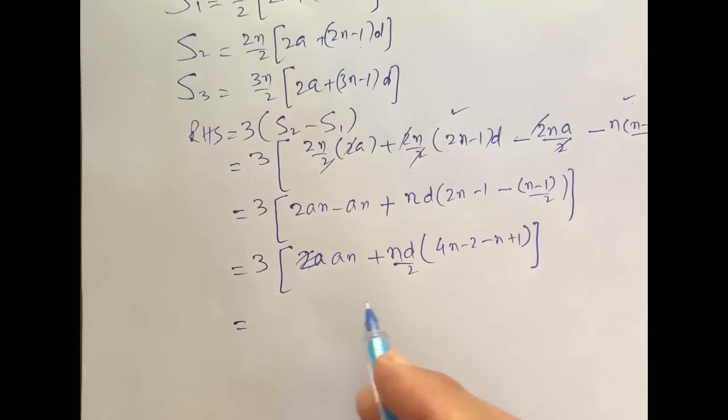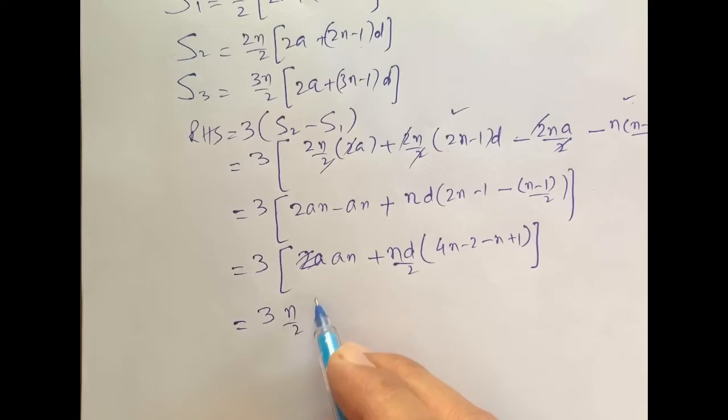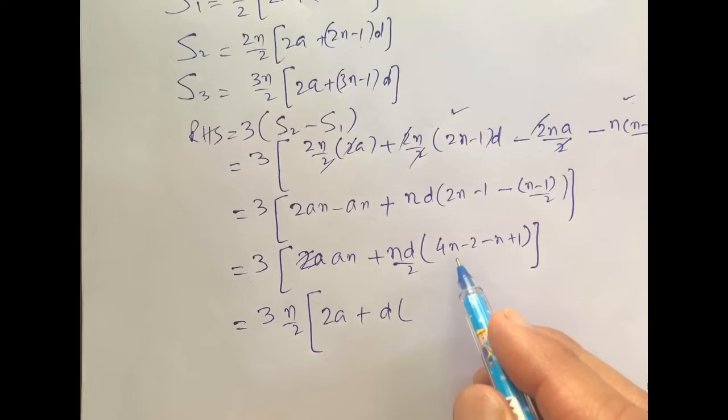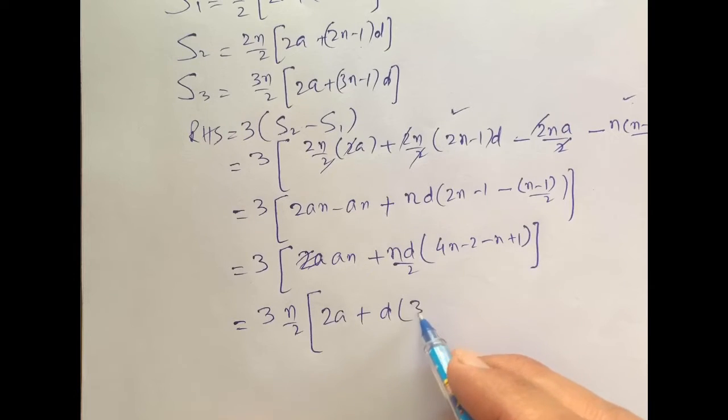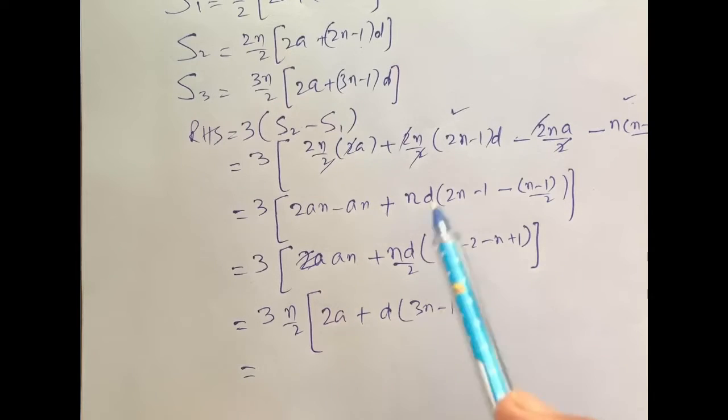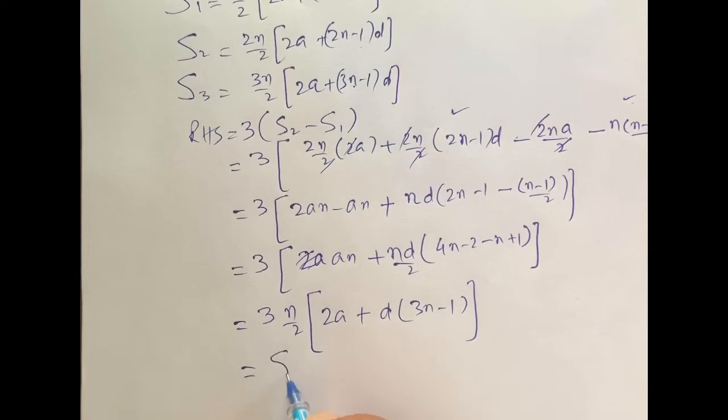Taking n by 2 common, this is 3n by 2, so we will have 2a here, this is d, 4n minus n is 3n minus 1. This is 3 into n by 2 into (2a plus (3n minus 1) into d). This is same as S3, which is same as the left hand side. This is what we wanted to prove.